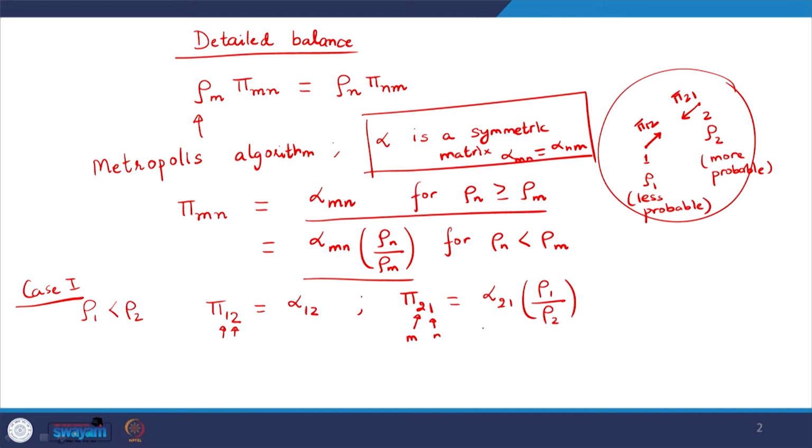Now, since alpha 1 2 is equal to alpha 2 1, we can replace this quantity by alpha 1 2, and if I use now these two expressions, what I have is alpha 1 2 is equal to pi 1 2 and pi 2 1 is alpha 1 2 rho 1 by rho 2.